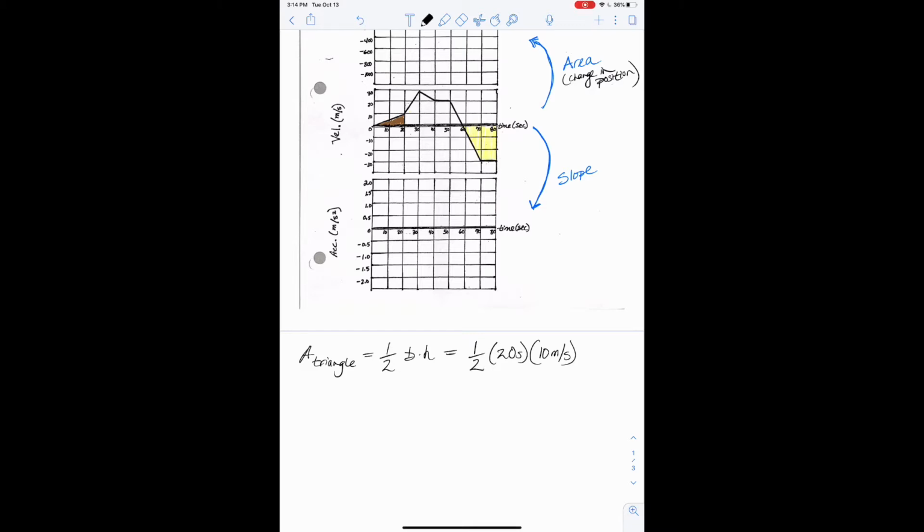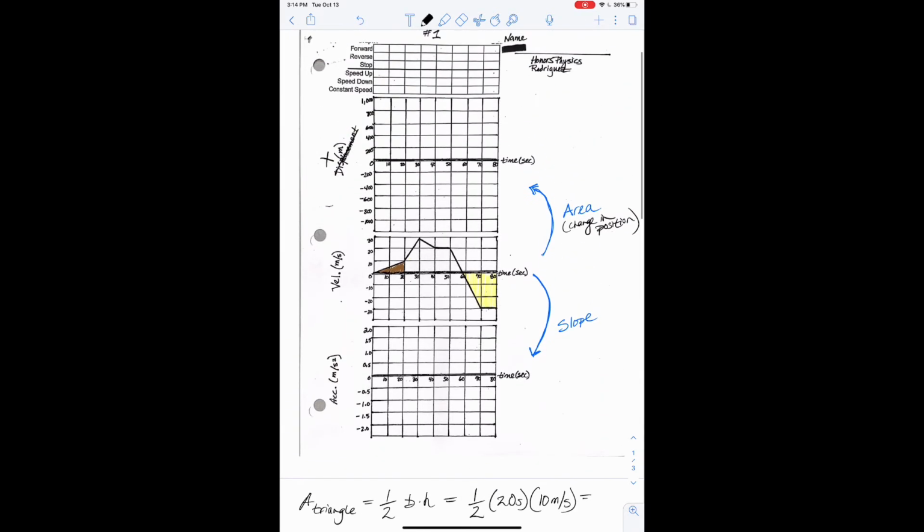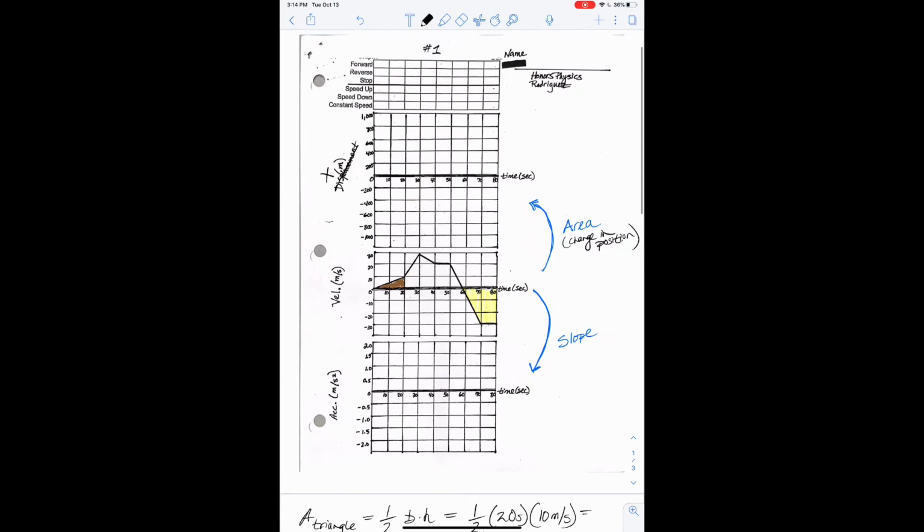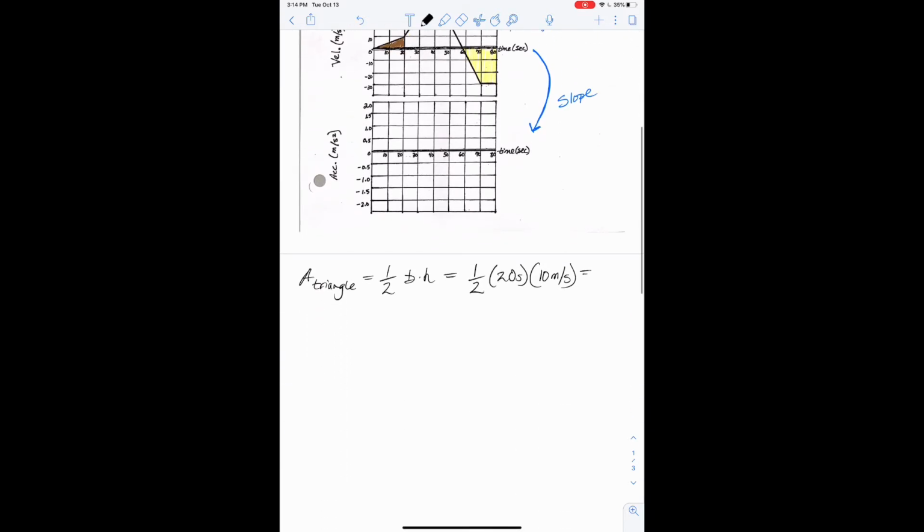Now we know that by finding the area of this triangle, we are finding a change in position, a displacement. So that was why our graph up here originally said displacement versus time. I still like calling it position versus time, but what we're finding with the area is displacement. Okay, 20 times 10 is 200. 200 times 1/2 is 100. And this is going to be 100 what? Well, if we look at the units, we see that the seconds cancel, so we're saying 100 meters.